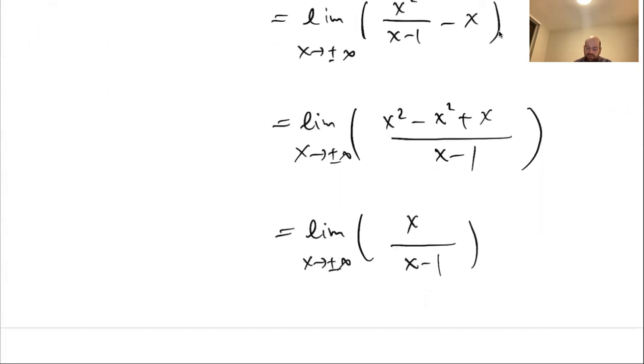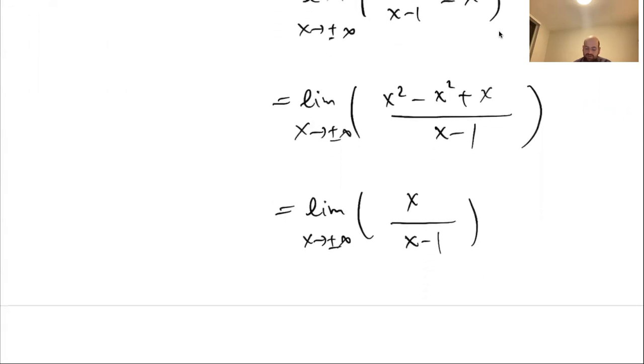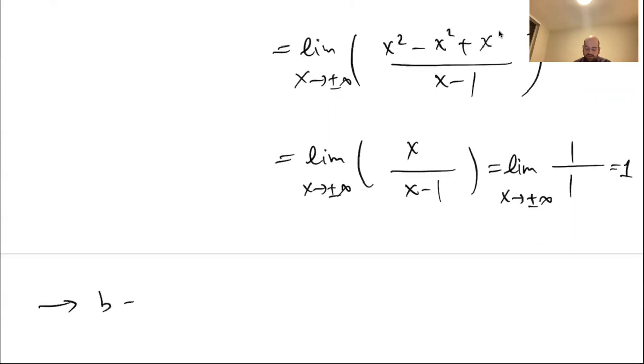And you can use L'Hopital, or you can just factor the highest power of x out. If I use L'Hopital here, the derivative of x is 1, the derivative of x minus 1 is 1. So the answer is also 1. So b is also 1.